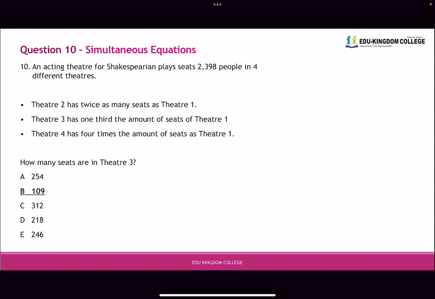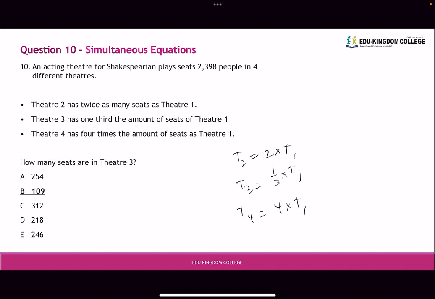Alright, an acting theatre for Shakespearean plays seats 2,398 people in 4 different theatres. So theatre 2 has twice as many as theatre 1, so T2 equals 2 times T1. Theatre 3 has 1/3, so T3 equals 1/3 of T1, and then T4 has 4 times, so 4 times T1.